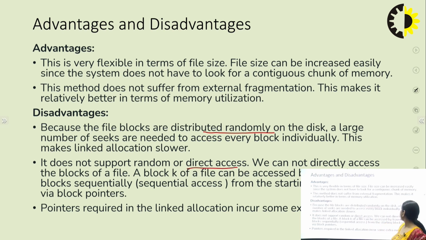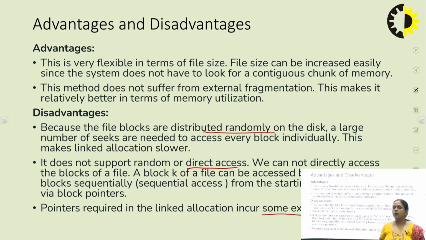We cannot directly access a block of a file. A block K of a file can be accessed by traversing K blocks sequentially from the starting block of the file via block pointers. Pointers required in the link allocation incur some extra overhead.